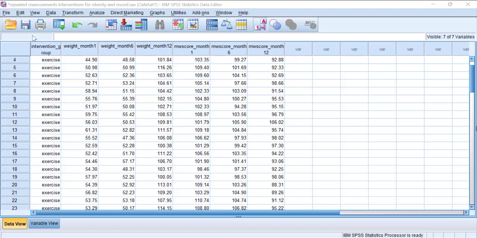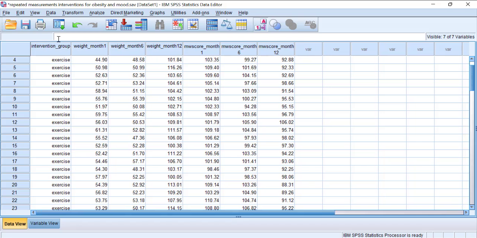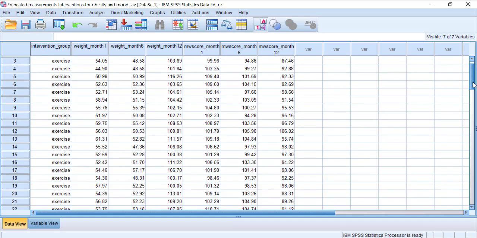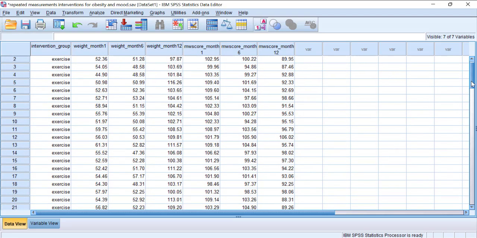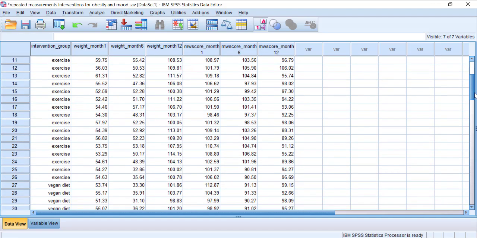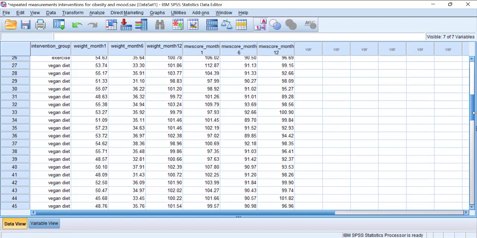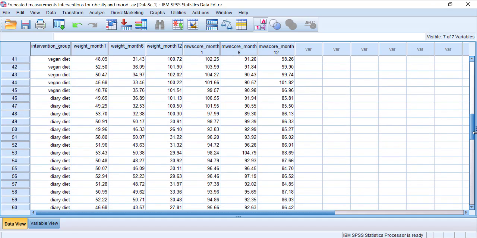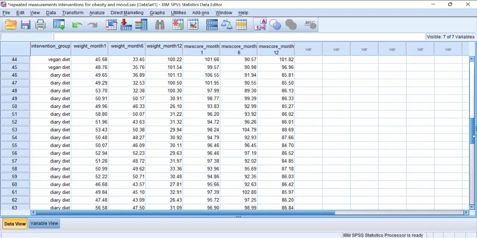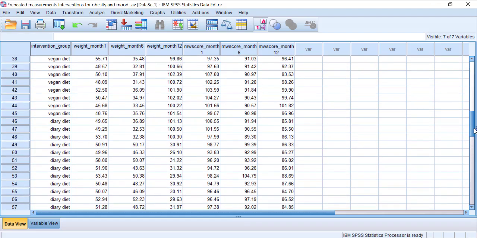So basically, let's look at our data. Our data is organized such that we have an intervention group, and we did 3 interventions. The first intervention we did was exercise. The second intervention was people placed on a vegan diet, and the third intervention was people placed on a dairy diet.